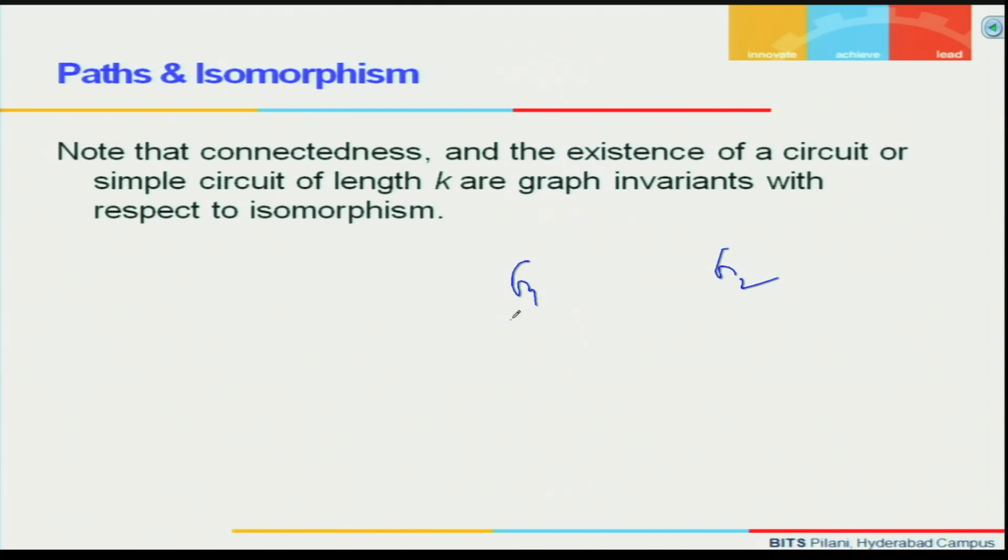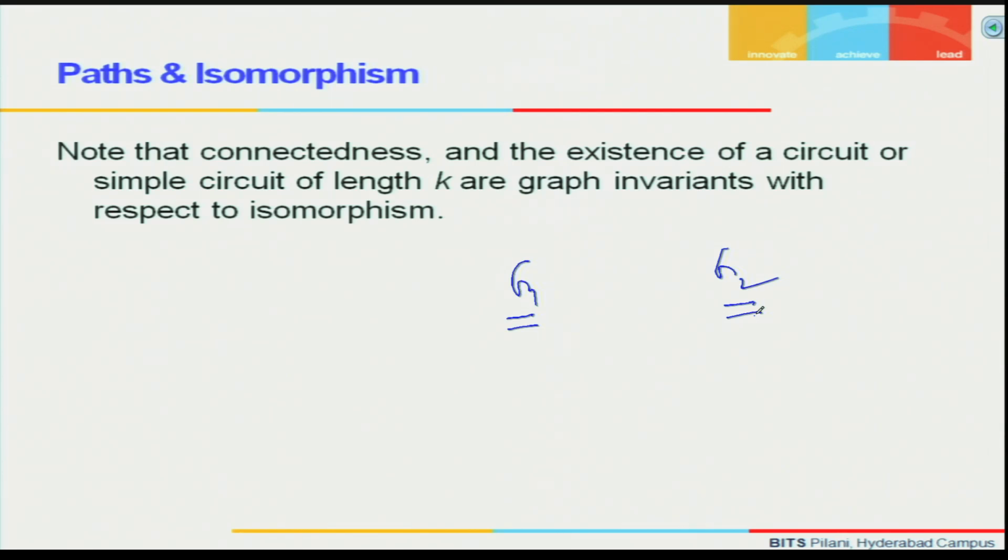And one small observation: if you have 2 graphs, say G1 and G2, that are isomorphic, and you have a circuit in G1, then you will be able to find the corresponding circuit in G2. Basically, a circuit or simple circuit, or a path for that matter, is a graph invariant with respect to isomorphism.